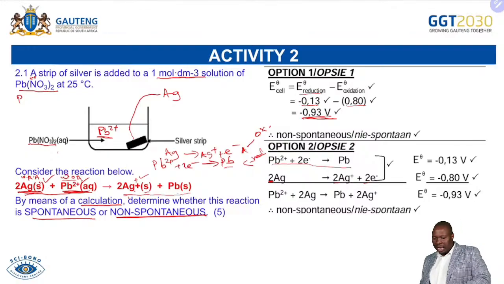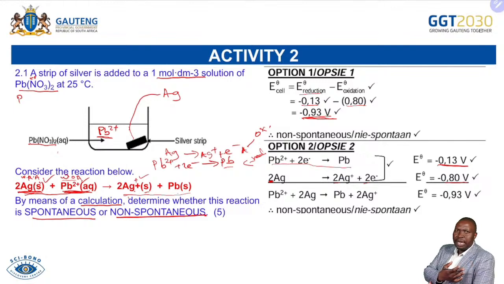Then you go to the table, you will find that the standard reduction potential for lead is negative 0.13, but for silver it is 0.80. The one that is losing electrons, the anode, we always reverse it, remember, the way it's written on the table. It was reversed, that's why we're putting a negative sign there. If we say minus 0.13 minus 0.80, you'll get negative 0.93 volts.